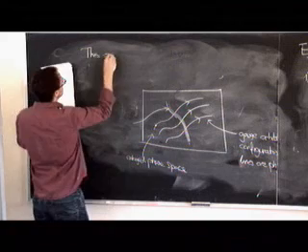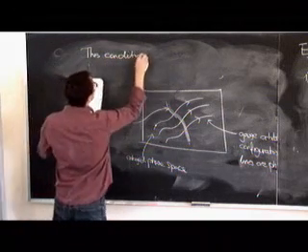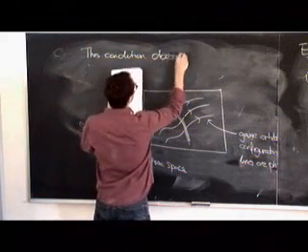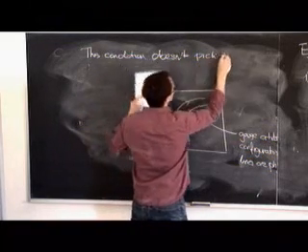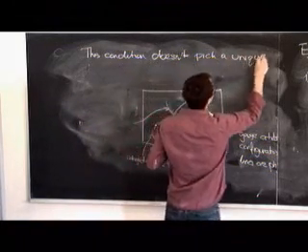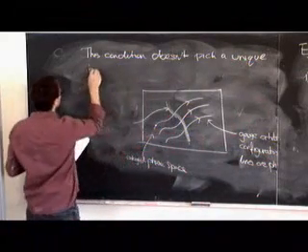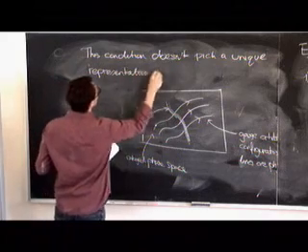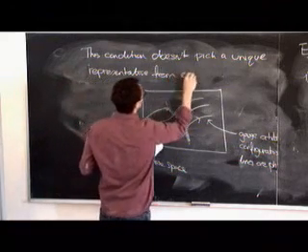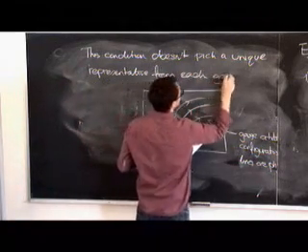So this condition doesn't pick a unique representative from each gauge orbit.